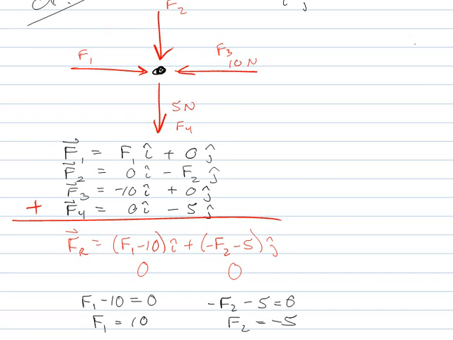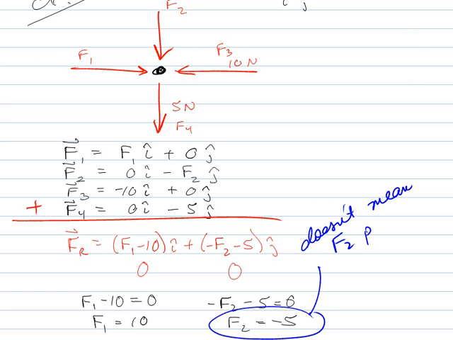Okay, here's what's important to notice. This is minus 5. This doesn't mean F2 points down. What it means is your arrow is in the wrong direction.